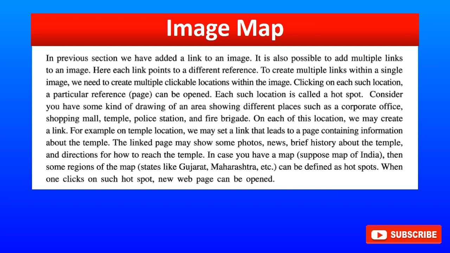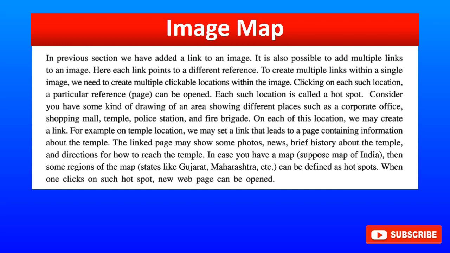For example, in Facebook or in Instagram, if we upload a photograph of 3 friends, then you can tag each friend. Now suppose anybody clicks on the face of a particular friend, then his account will be displayed. So that way it is possible, which we are going to learn in this chapter.